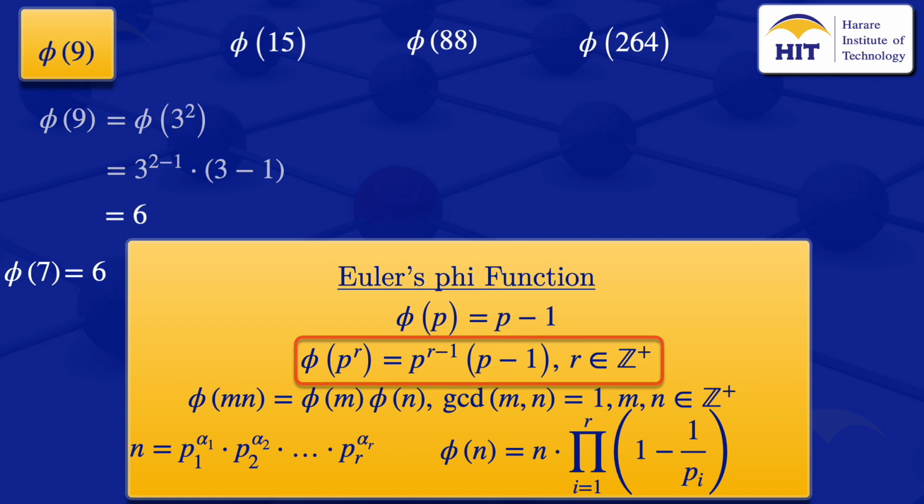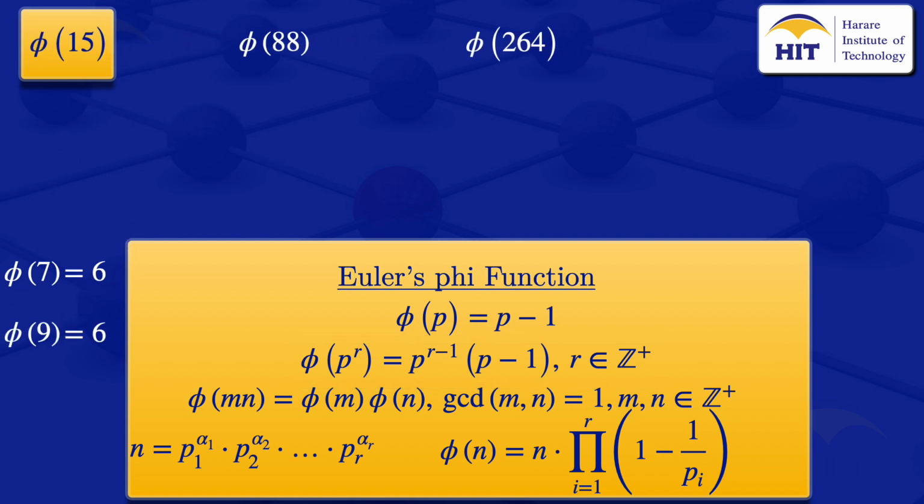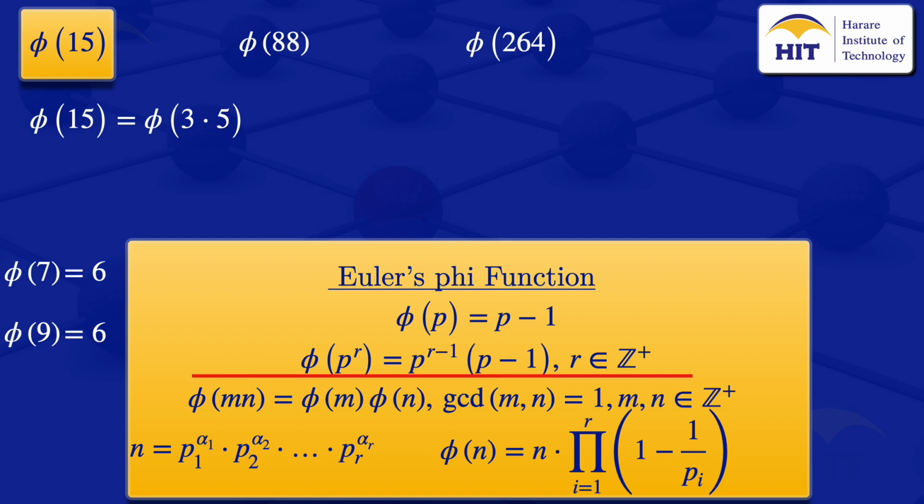I will now move on to the next one, phi of 15. Phi of 15 again is not of the form of a prime. So let us look at the prime factorization of 15. That's 3 times 5. So phi of 15 is equal to phi of 3 times 5. To evaluate that, we can use the multiplicative property: phi of m times n is equal to phi of m times phi of n, just because the 3 and the 5 are relatively prime.